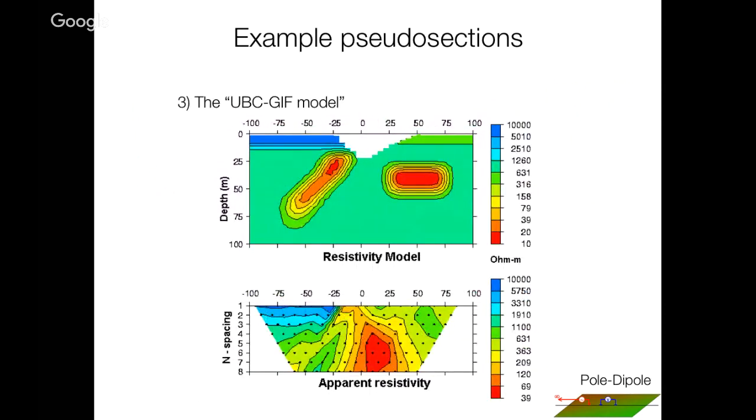There's two conductors sitting up here, and the apparent resistivity pseudo-section looks like that. This is real tempting, right? You've got this large red spot down here, and it's just so tempting to put a drill hole right through there because you're looking for a conductor. That's a picture of data.